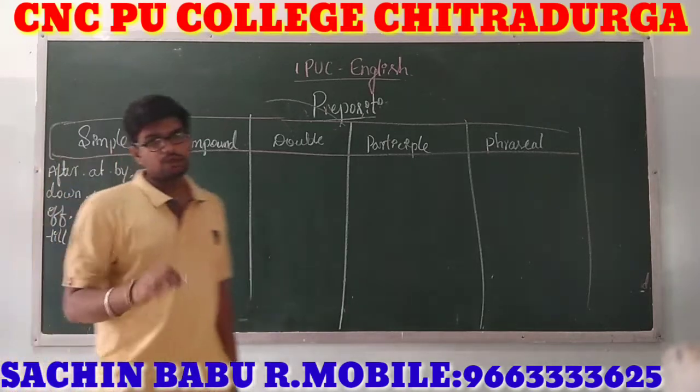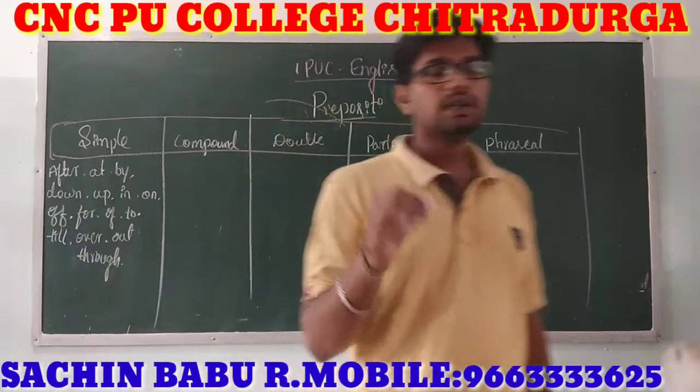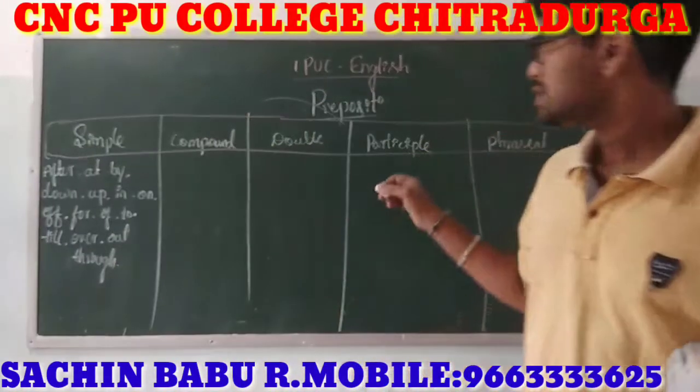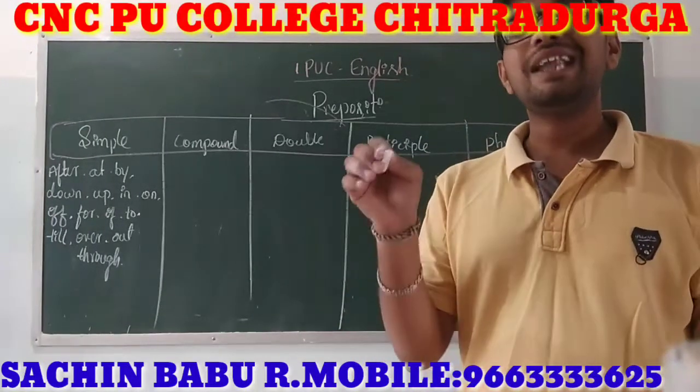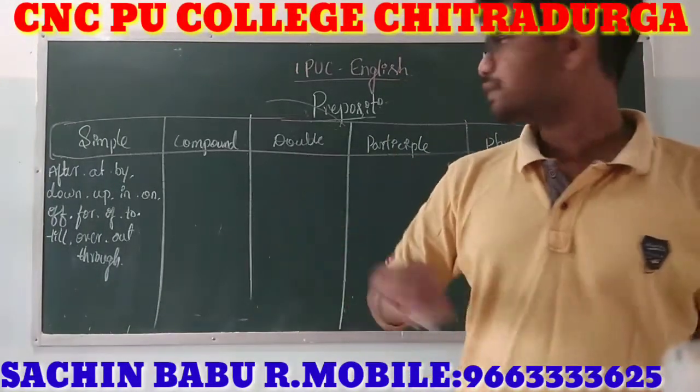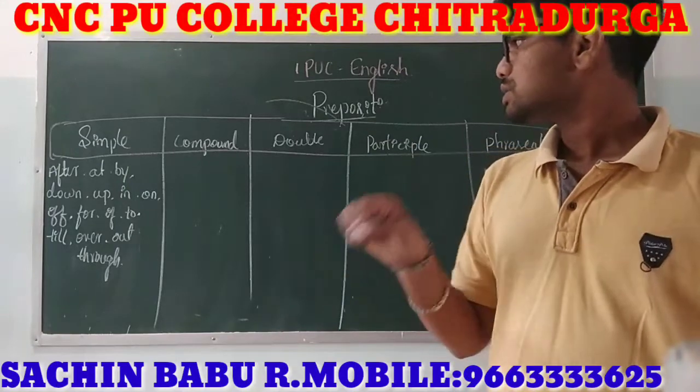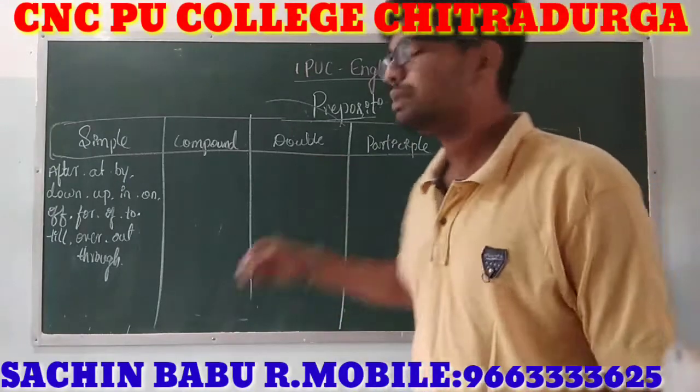So these are the very simple prepositions. You got the simple prepositions in the category: after, at, by, down, up, in, on, off, over, out, through, till. So these are the simple prepositions.